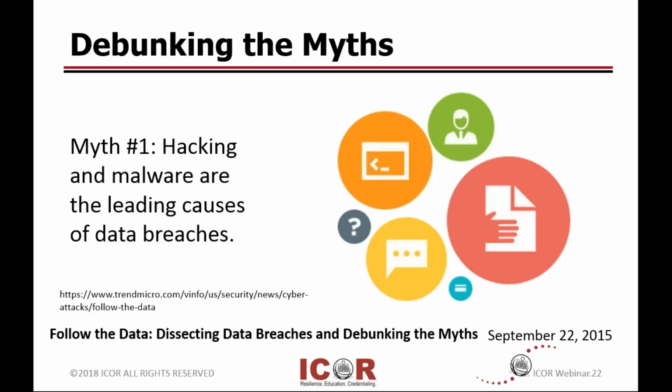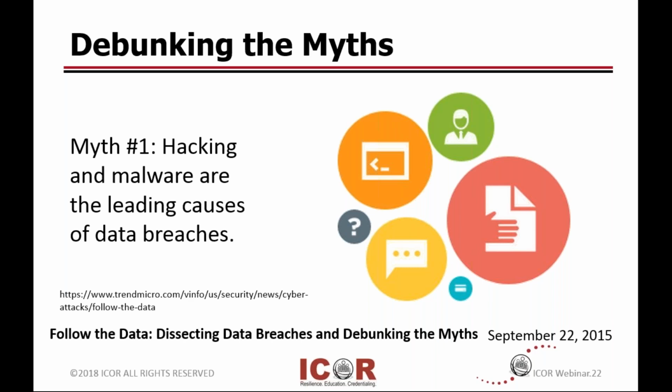There's also a really great study called Debunking the Myths, done by Trend Micro. They're looking at myth number 1, that hacking and malware are the leading causes of data breaches. Although the news is rife with stories on how certain malware or hacking groups are responsible, the truth is most of them are actually caused by device loss, which I thought was really interesting.